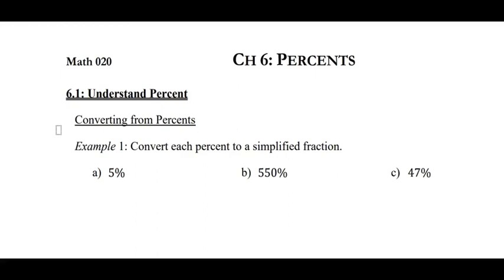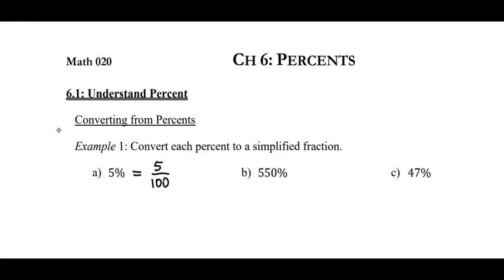So we are going to practice converting from percents to fractions. The percent is always over 100 when you convert it to a fraction. So when you look at 5%, you use the numerical part in your numerator, putting 5 in the numerator and 100 in the denominator.